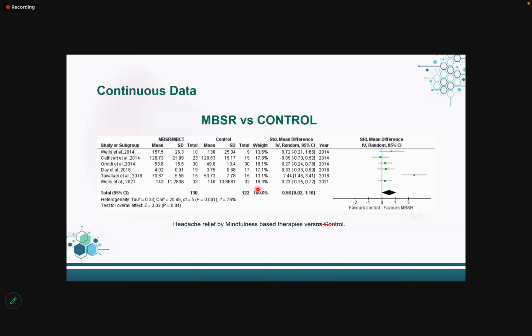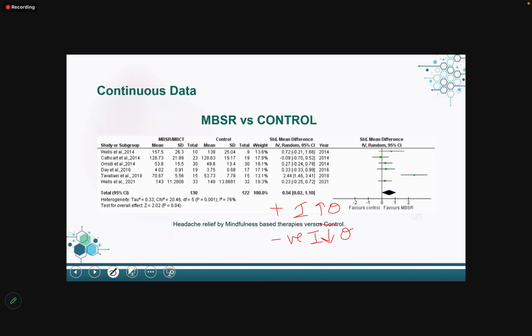So if the mean difference is 0, that means there is no difference between the outcome. If your mean difference is positive, that means your intervention increases outcome. If your mean difference is negative, that means your intervention decreases outcome.